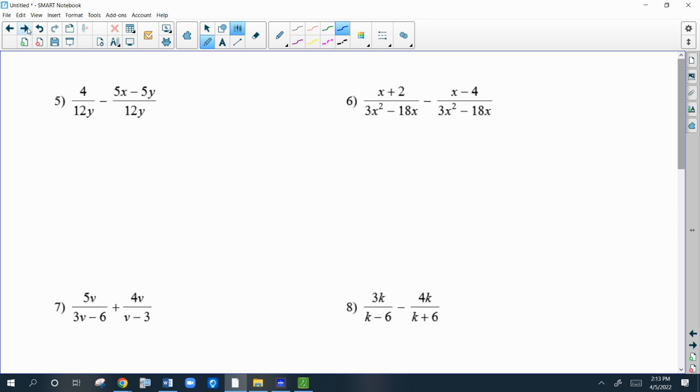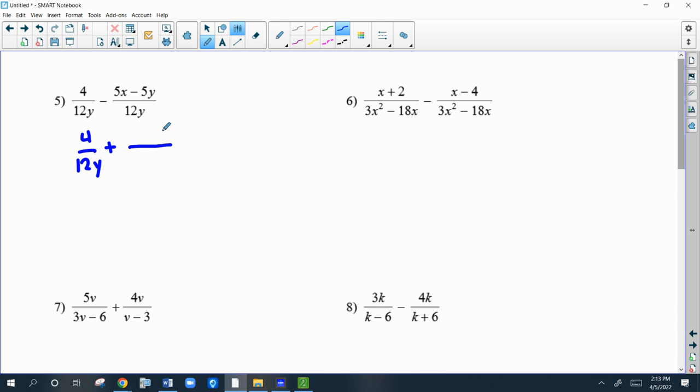This next slide is addition and subtraction. So you need to get a common denominator. You notice they have a common denominator, but it is minus. So what I'm going to do is change this to plus a negative.